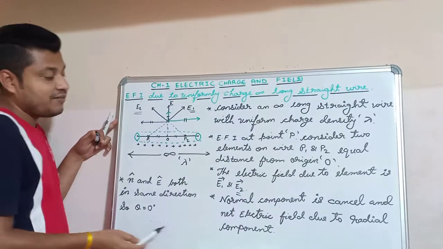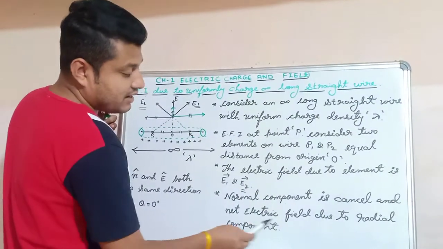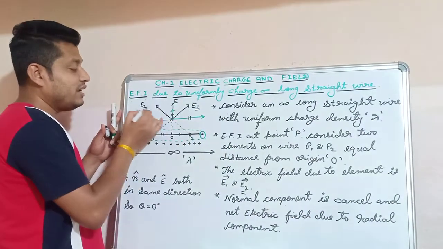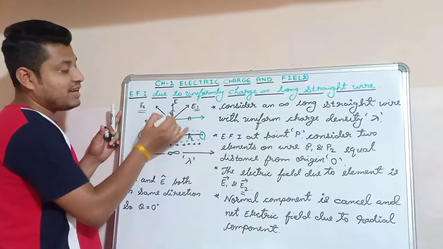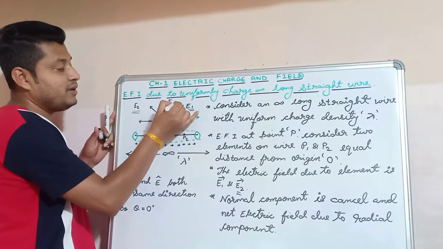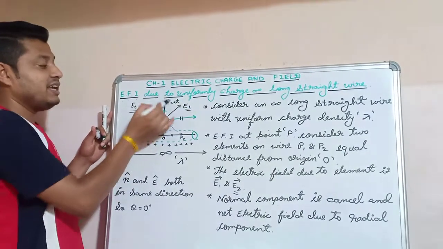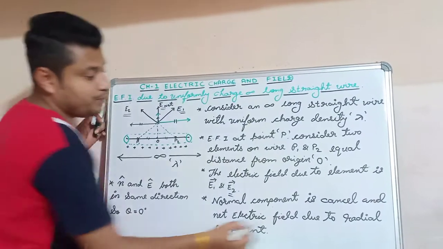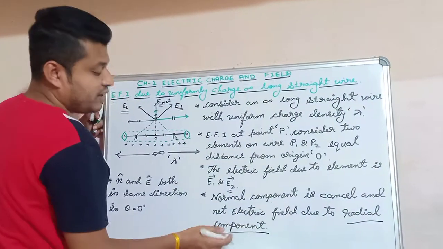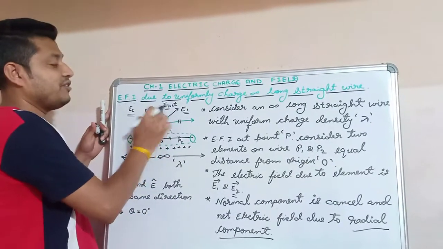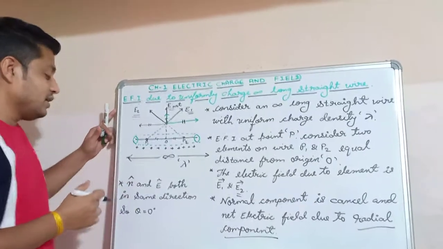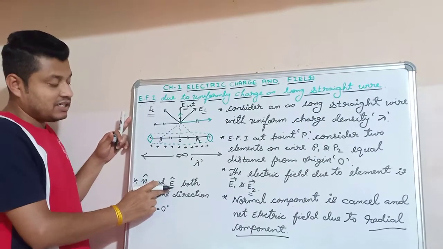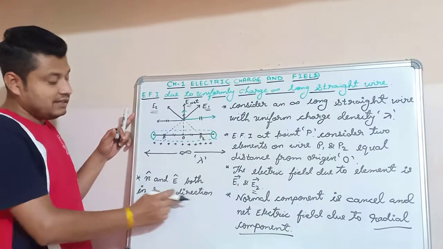Then what do we have? The net electric field is due to the radial component. Both E1 and E2 have a component in this direction, so the net electric field, E net, will be in this direction. Now the area vector n cap and the electric field vector are both in the same direction.